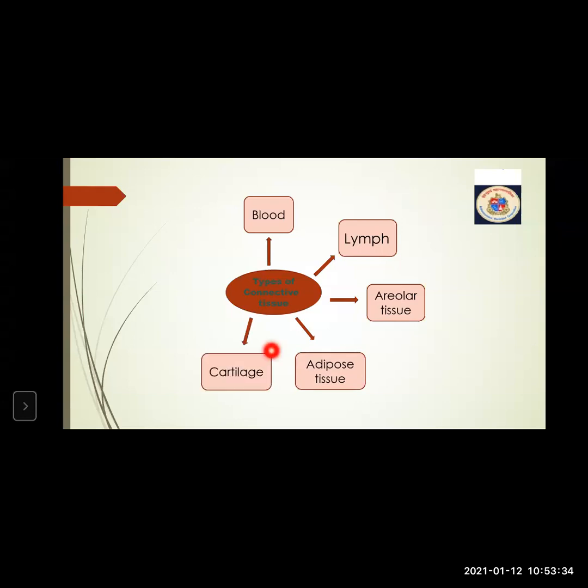Now, these are fibrous connective tissue. Cartilage, then you have bones, and you have tendons and ligaments. These three, tendons and ligaments, bones and cartilage, are fibrous connective tissue. Adipose, lymph and blood are liquid connective tissue. Adipose and areolar are semi-solid tissues or jelly-like.